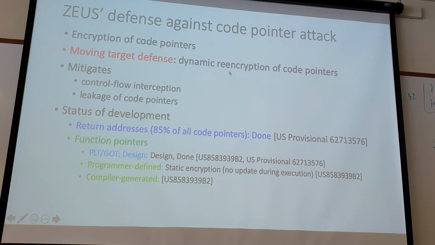We dynamically re-encrypt return addresses from time to time before control flow moves into the vulnerable area. So Zeus can mitigate control flow interception as well as leakage of code pointers.